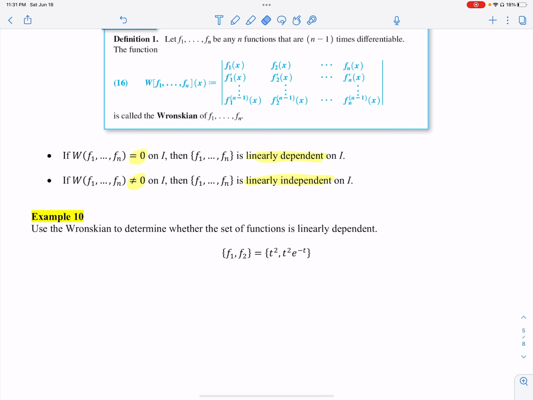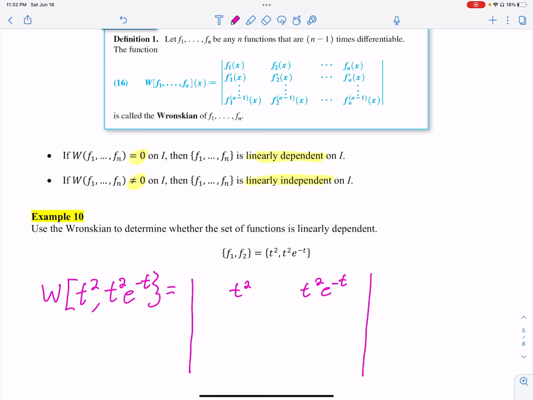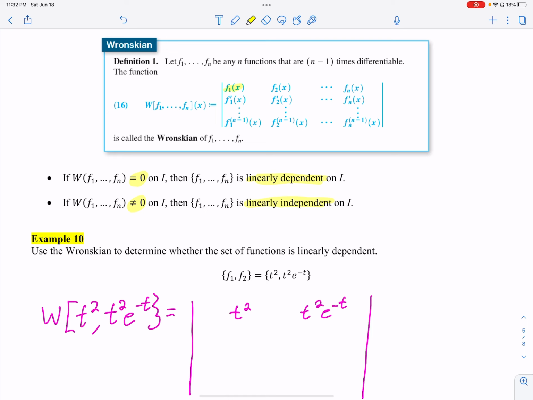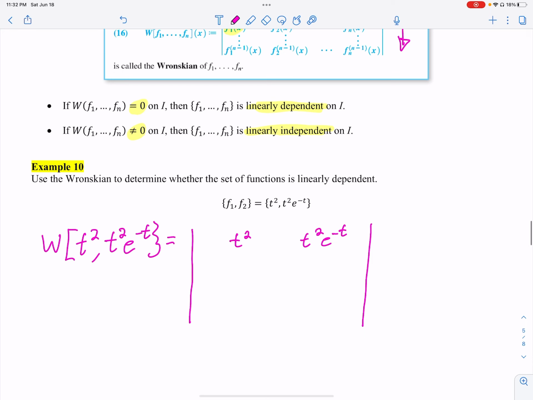So the Wronskian, W of t squared, and then t squared e to the negative t. And we throw this into our determinant. We put t squared, and we put t squared e to the negative t. And what this says to do, if we look at this definition, it says take your function and then take your derivatives, and we do it until we have a square matrix.